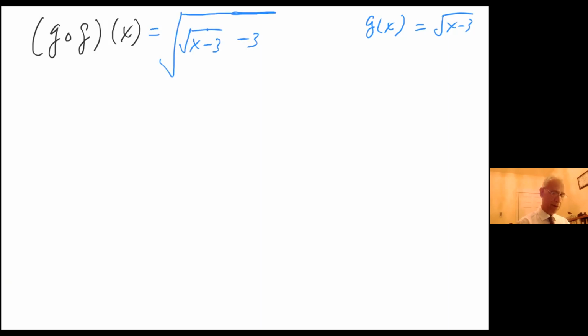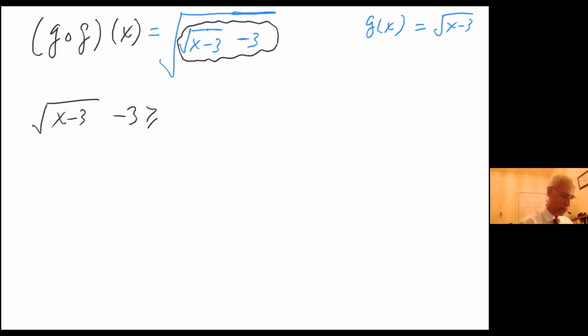So here, for the restriction, we know that the thing inside of the big square root has to be greater than or equal to 0. So the square root of x minus 3 has to be greater than or equal to 3.